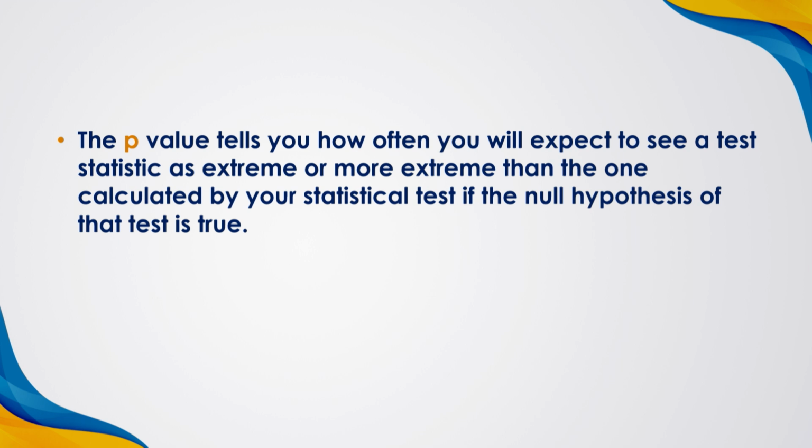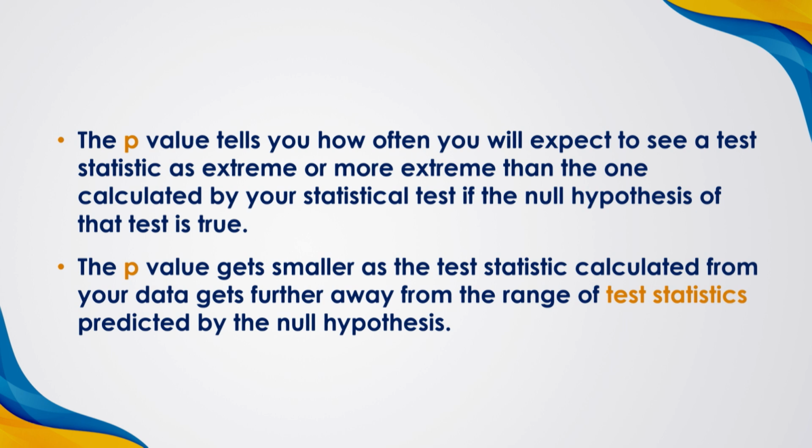The p value tells you how often you would expect to see a test statistic as extreme or more extreme than the one calculated by your statistical test if the null hypothesis of the test is true. The p value gets smaller as the test statistic calculated from your data gets further away from the range of test statistics predicted by the null hypothesis.